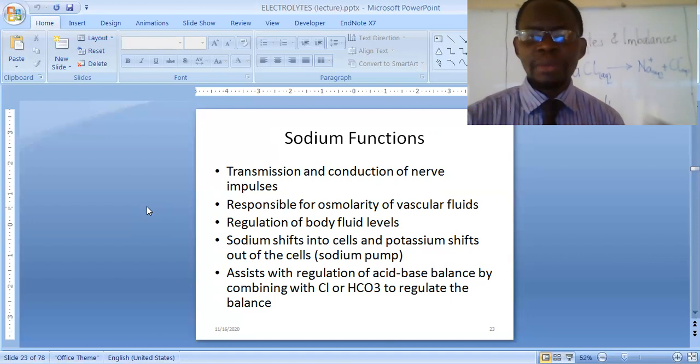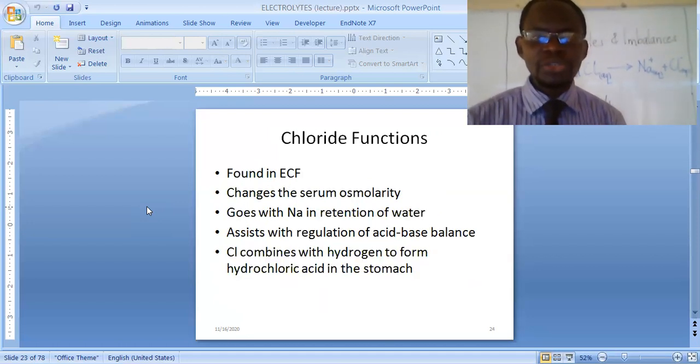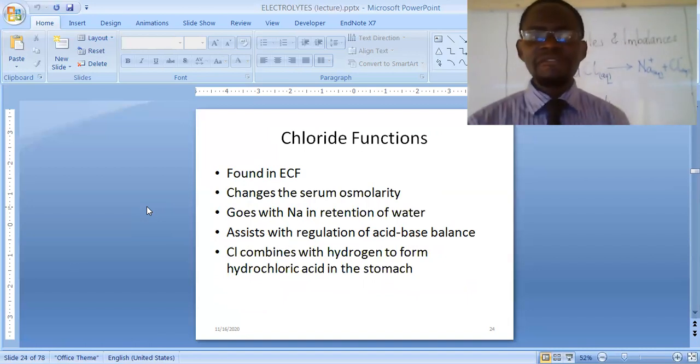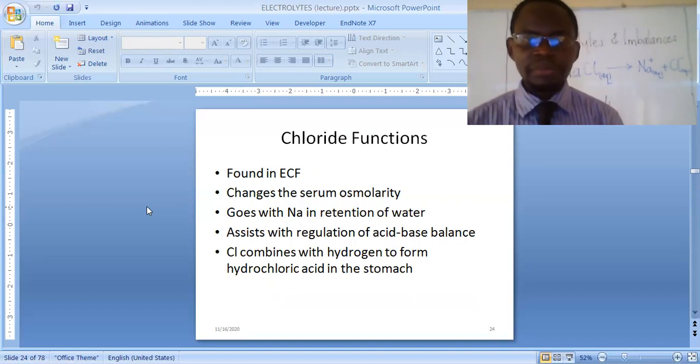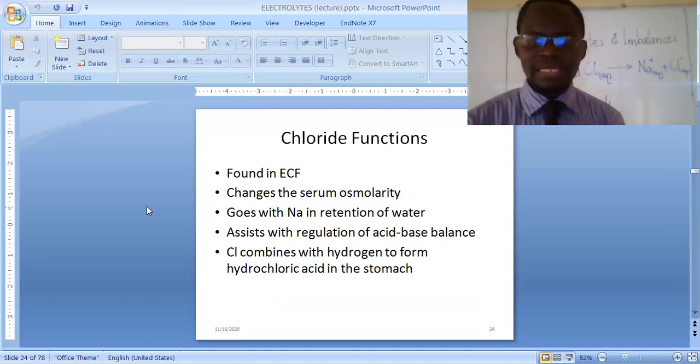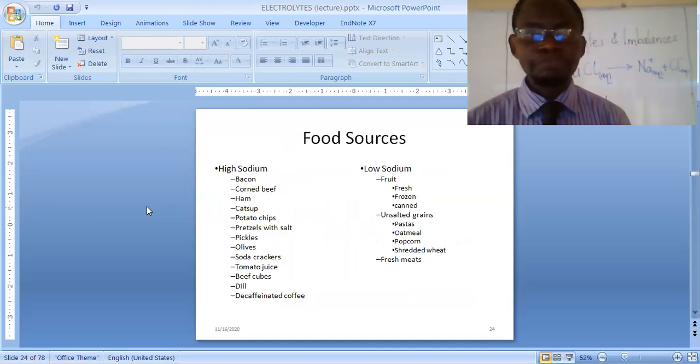We shall talk about acidosis and alkalosis. Chloride is found in the extracellular fluid, responsible for osmolarity. It goes with sodium, and it is also responsible for acid-base balance and formation of hydrochloric acid in the stomach.